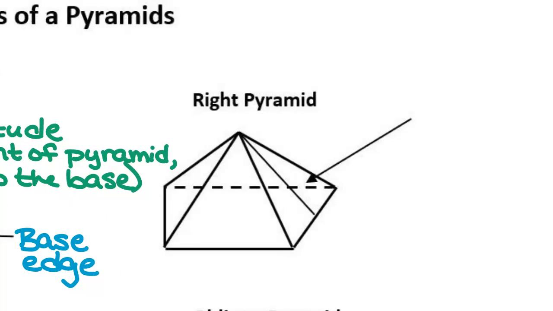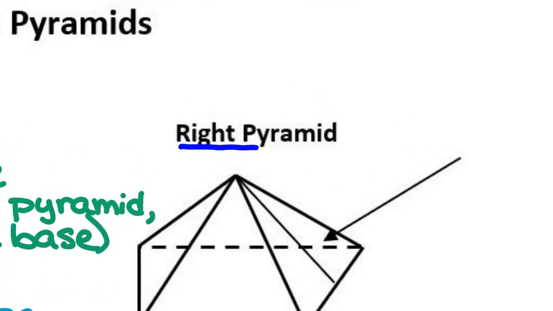So with a right pyramid, let's talk about a right pyramid first. In a right pyramid, the altitude meets the base at the base's center.